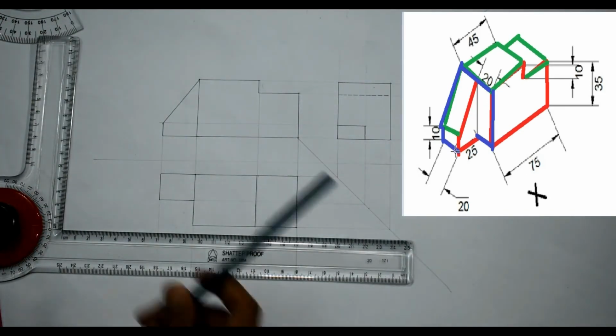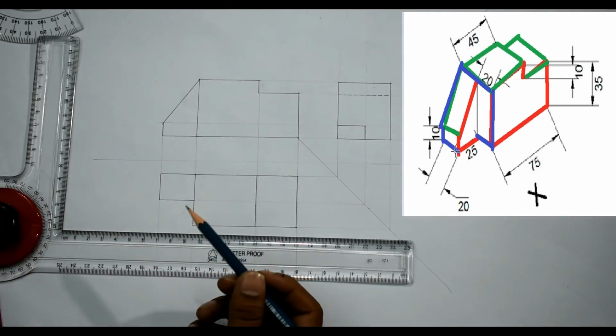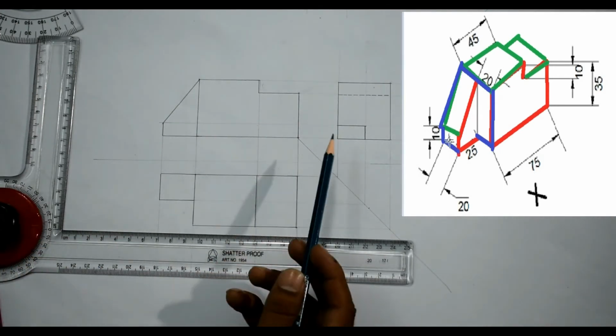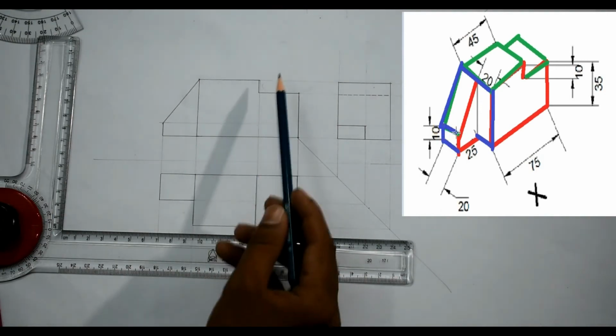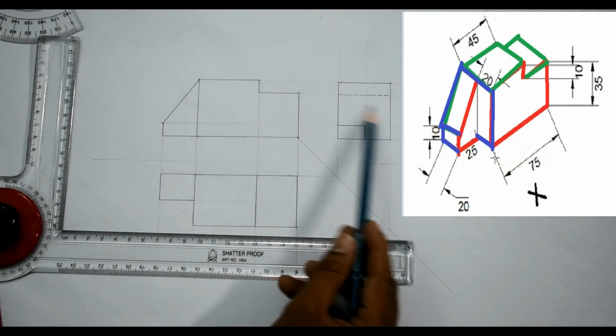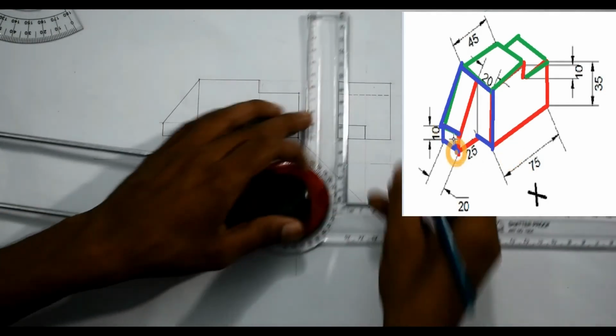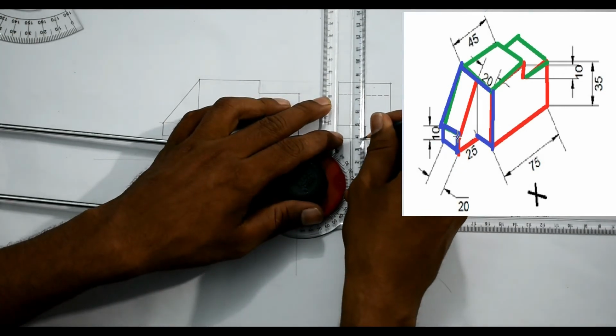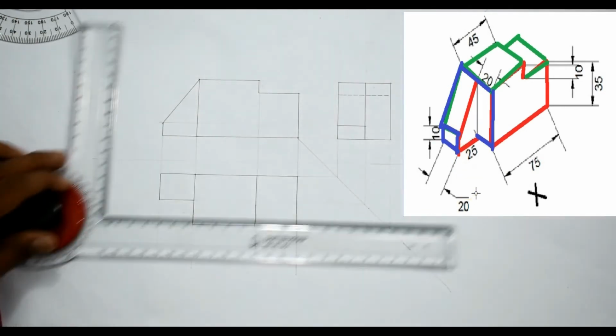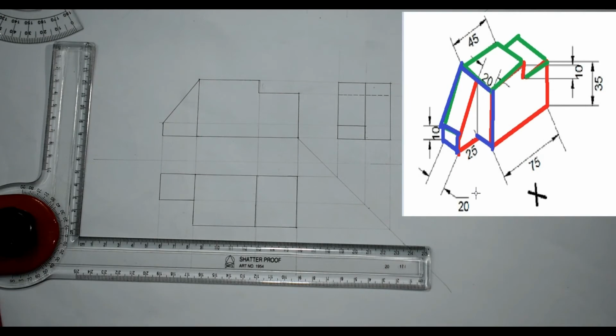So once again, if you are viewing from the left hand side, some portion is not visible to you, but it's kind of hollow. So we will draw the hidden lines. This completes our left hand side view.